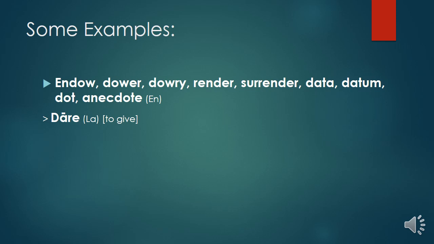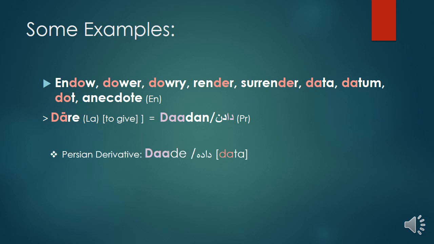To give in Persian means dadan. Again, if we ignore the suffixes or prefixes, what remains is da in both languages. And a derivative word in Persian is dade, that means data.